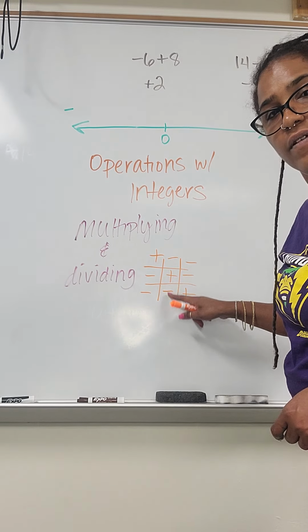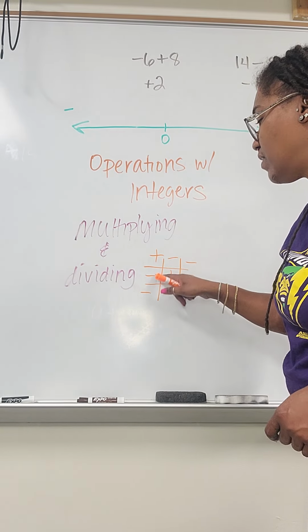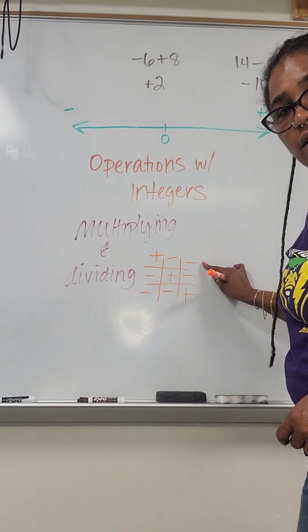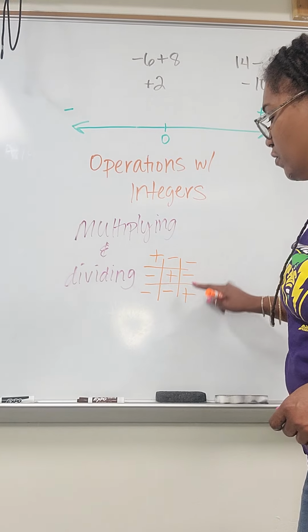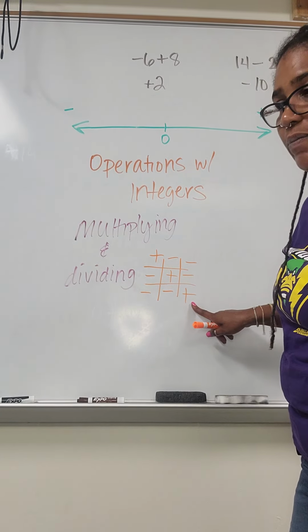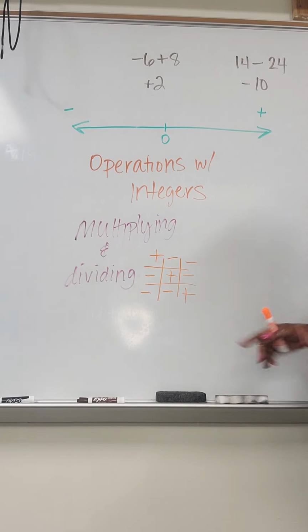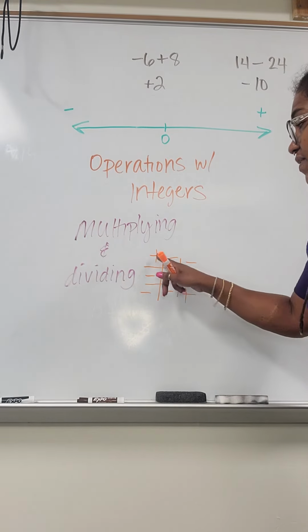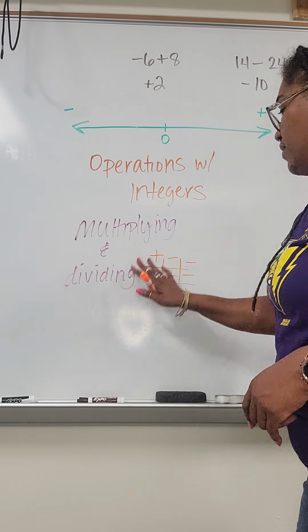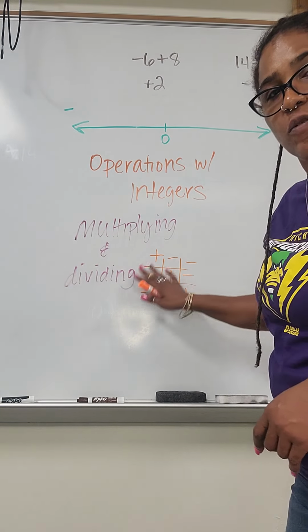A negative times a positive, the same thing, will be a negative value. But a negative times a negative will be a positive, right? And a positive times a positive will always be positive. It's the only one you can read diagonally. This mimics your rules for multiplying and dividing.